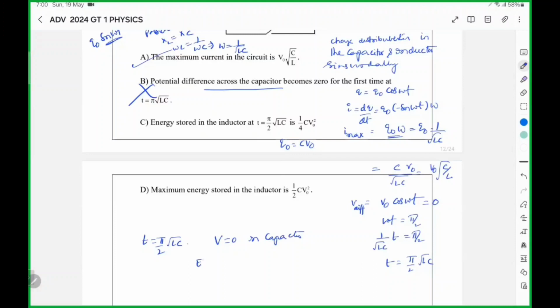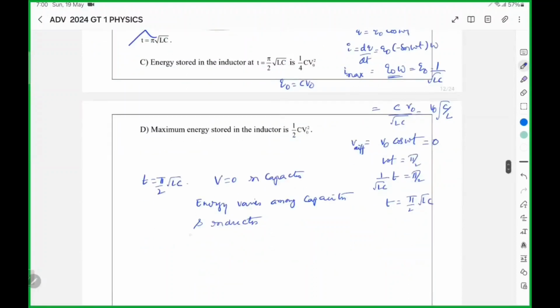That means energy stored in inductor and capacitor, that energy varies, or distributes among capacitor and inductor.